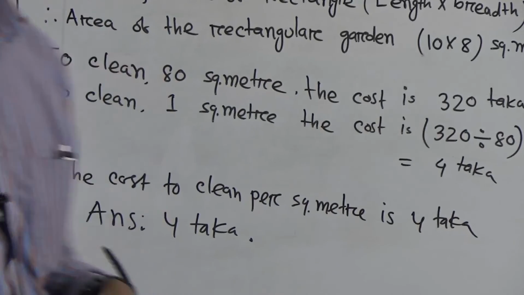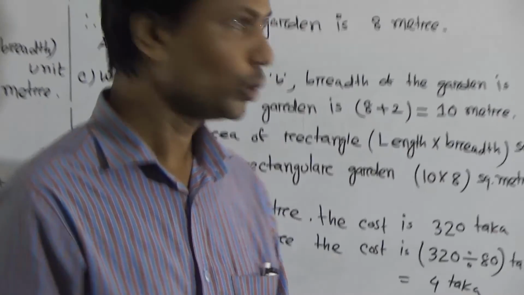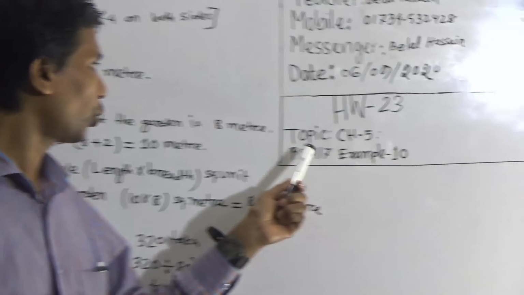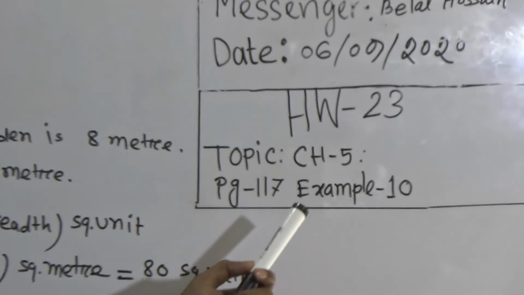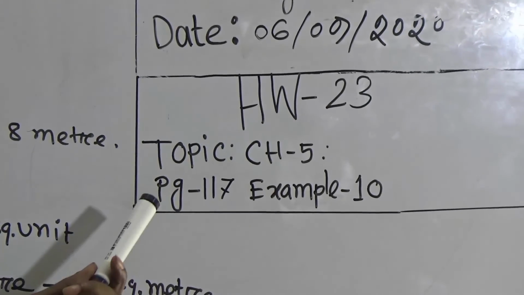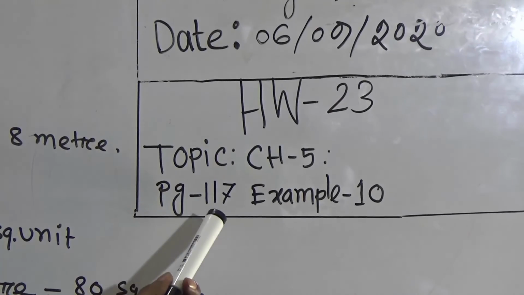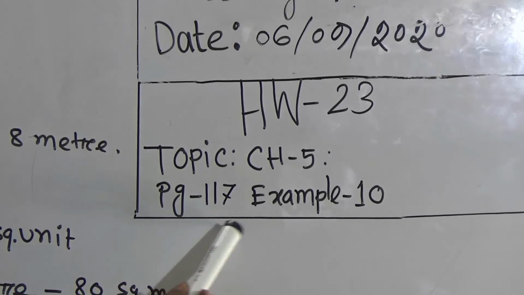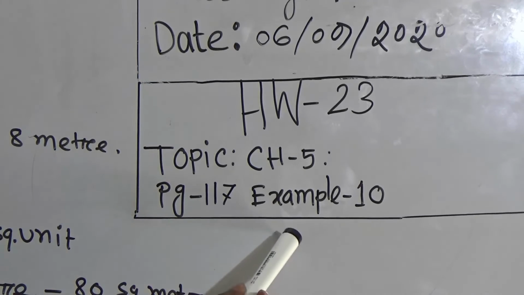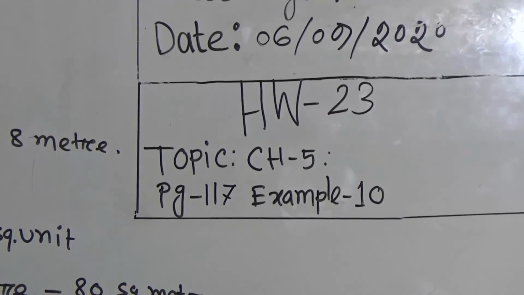Now I will talk with you about our SW. You see SW number 23, topic chapter 5, that means this chapter, page 117, example 10. This solution has been given here.